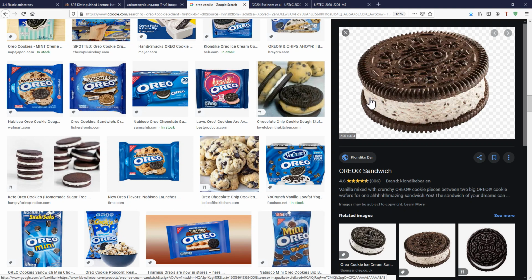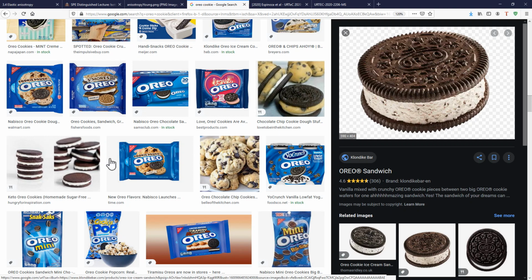So the stiffness or the compressibility perpendicular to the plane of the cookie depends mostly on the filling and not on the cookie. And it's very similar with rocks.